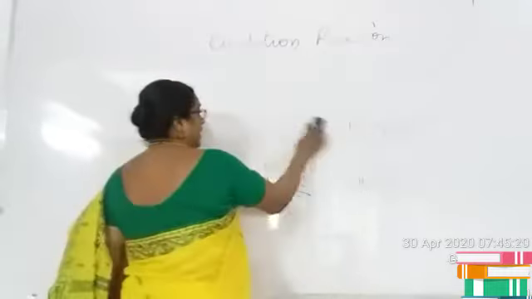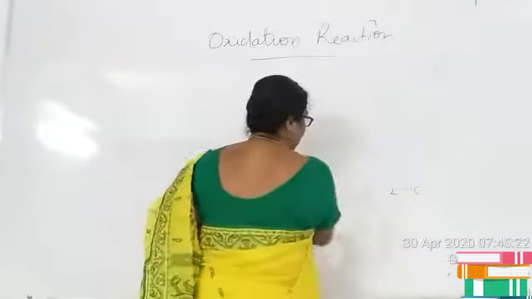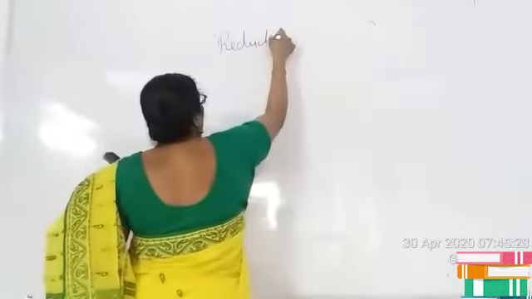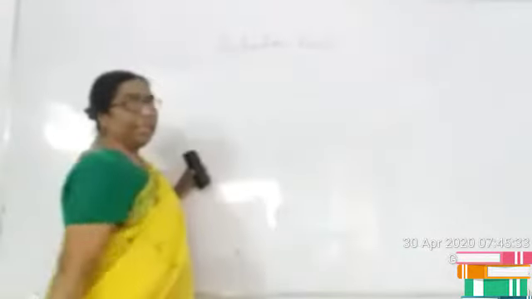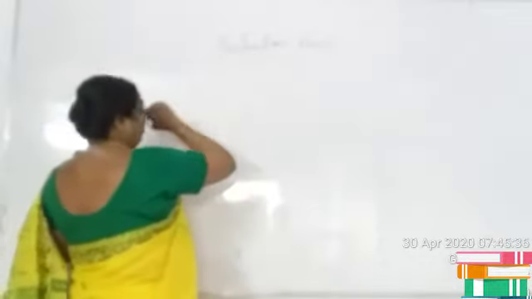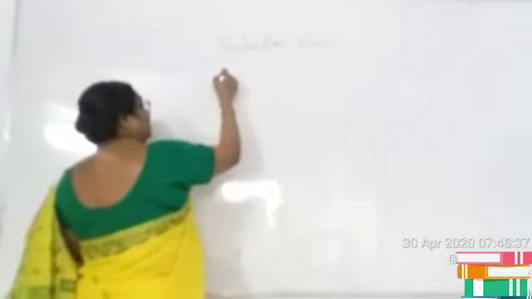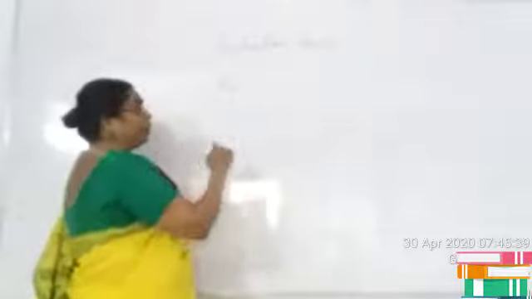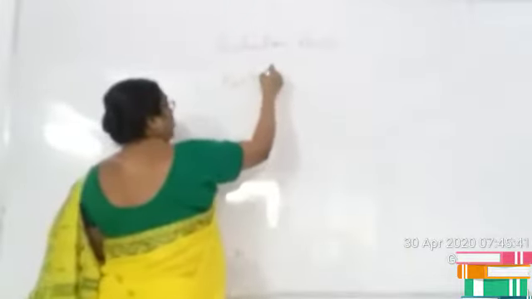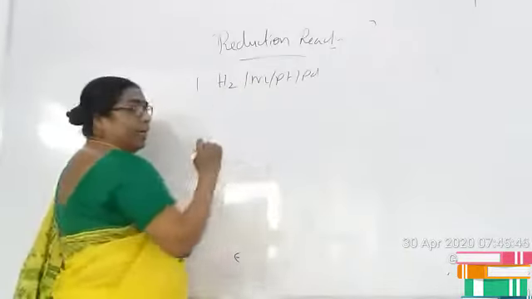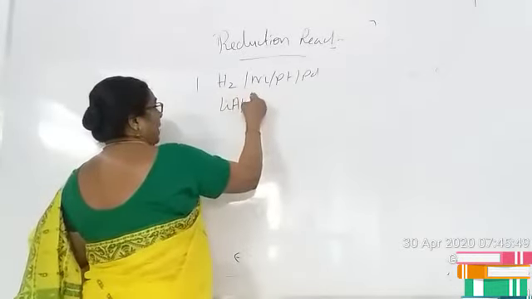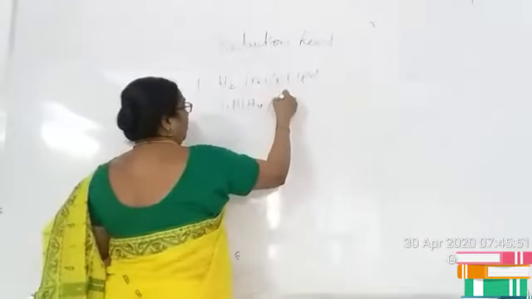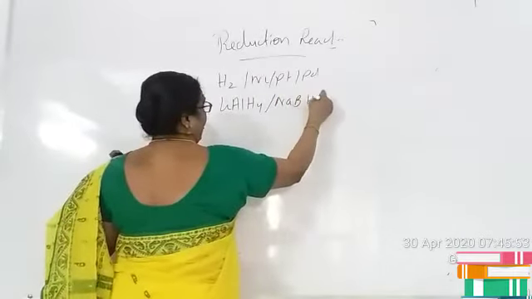So now let us study the reduction reactions. This is the fourth type of chemical property, that is, reduction reaction. First one: reduction in presence of metal hydrides. We can do the reduction in presence of hydrogen with nickel, platinum or palladium, or we can reduce aldehydes and ketones in presence of lithium aluminium hydride or sodium borohydride.